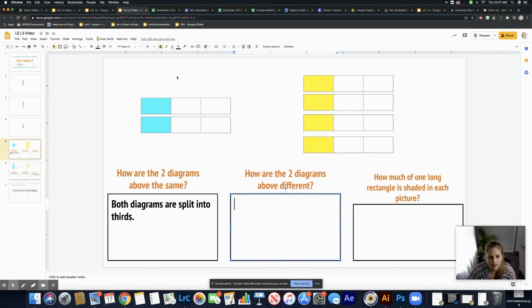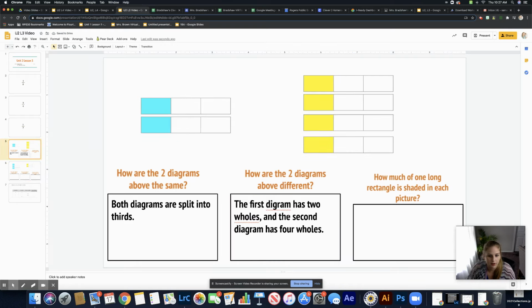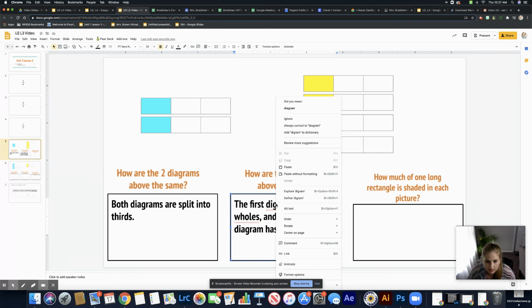Well, I see that the first diagram has 2 holes, and the second diagram has, let's see, 1, 2, 3, 4 holes. So that's how they are alike and different.